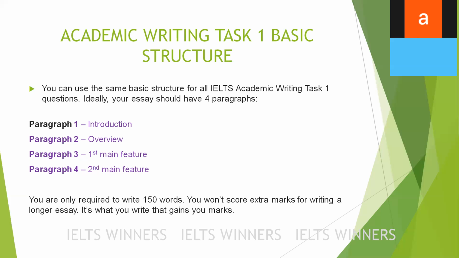Or if it is a diagram, you can say the different types of steps if it is a process. So overall, it can be seen that there are 8 steps in converting this to that. When there is a comparison, you can say overall, it can be seen that there have been drastic changes when compared to the past.